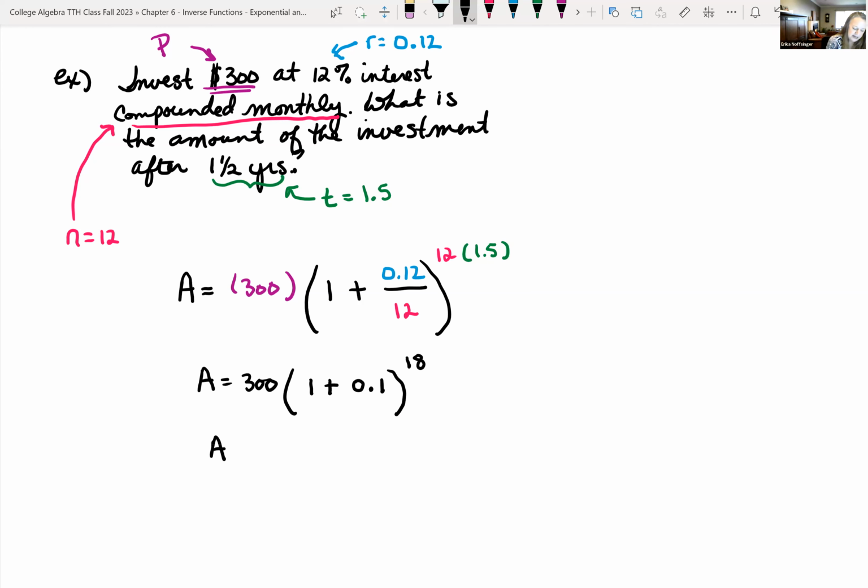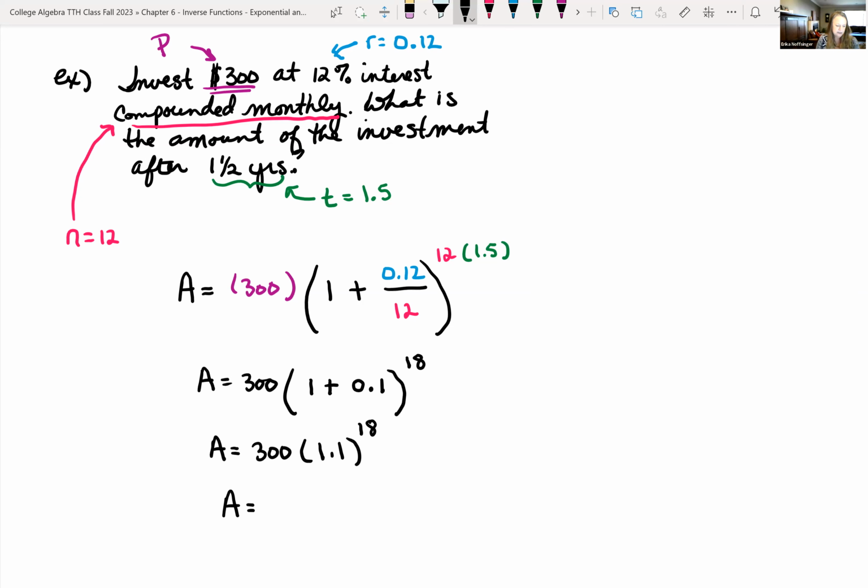So my amount A after 1.5 years is 300, all times 1.01, and that's raised to the 18th power. So I need a calculator. So plugging that in the calculator, I'm going to round to the nearest cent.